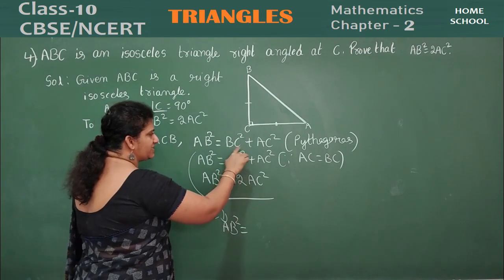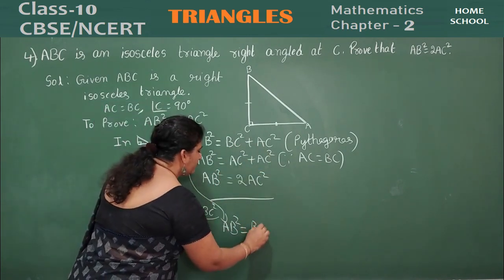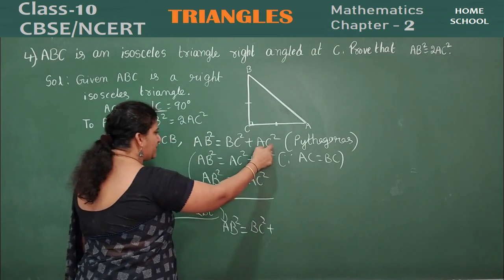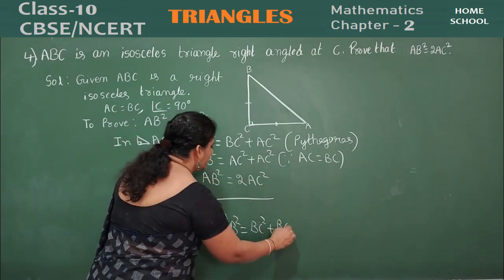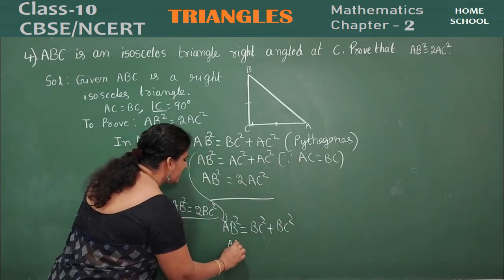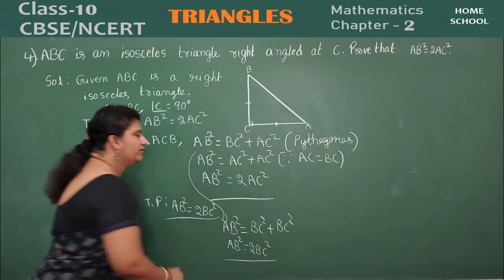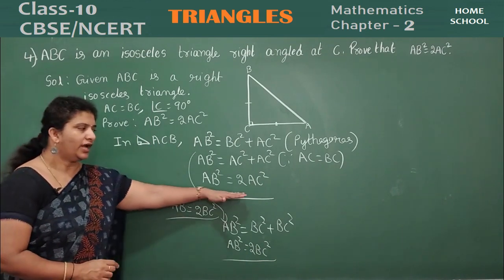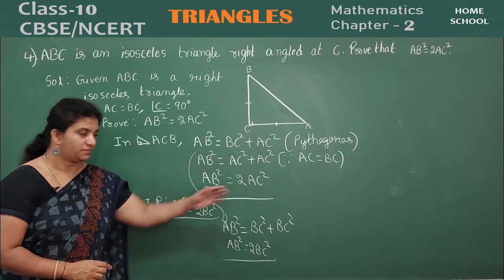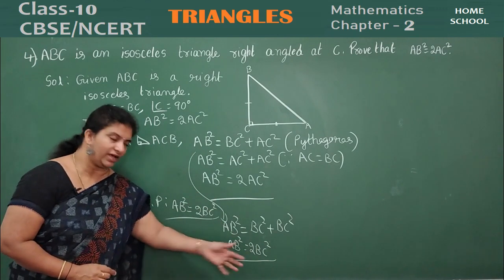I don't disturb BC. Then AC: BC square plus AC square, I will substitute BC now. So now what happens? AB square is equal to 2BC square. Proof is ready. See, in your textbook only up to here is asked. Suppose your letters change, you can do like this.